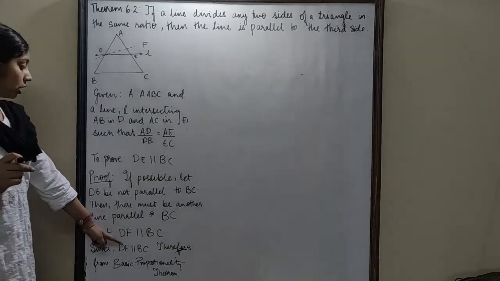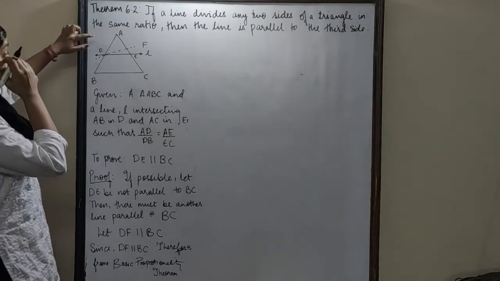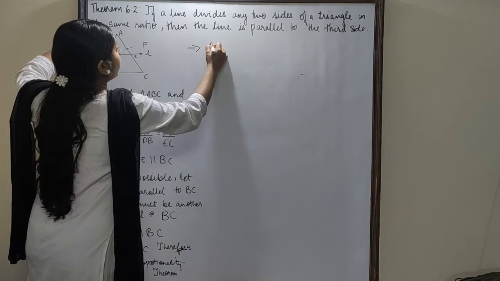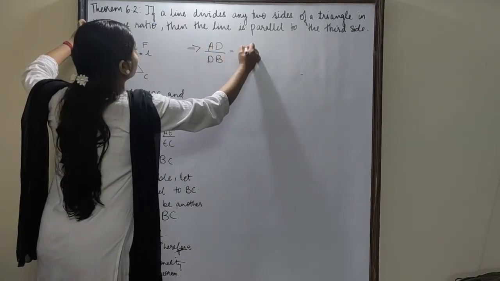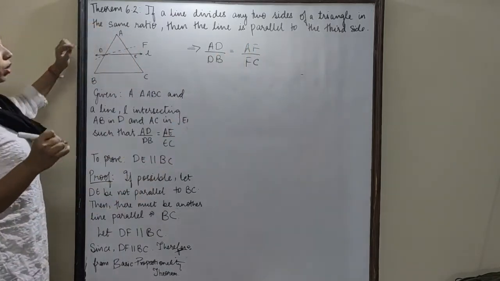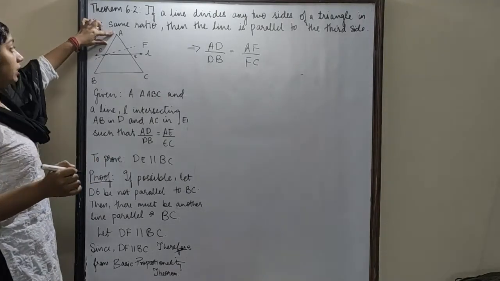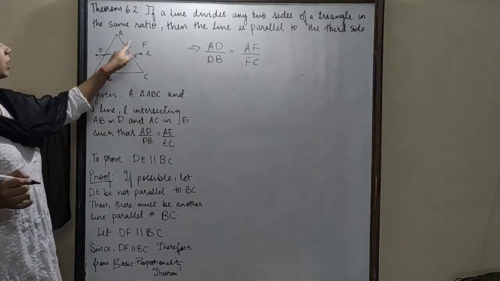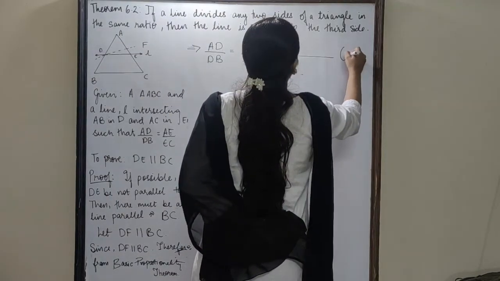Since DF is parallel to BC, from the basic proportionality theorem, we have AD upon DB is equal to AF upon FC, right? Let this be equation 1.